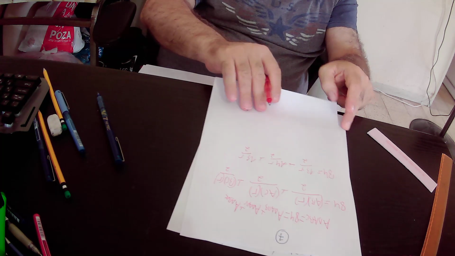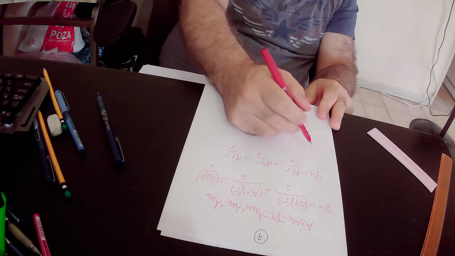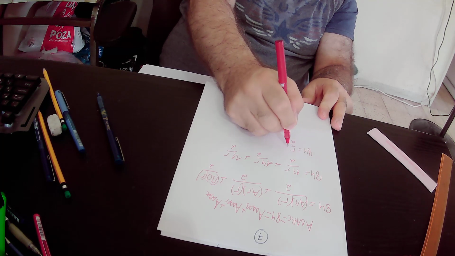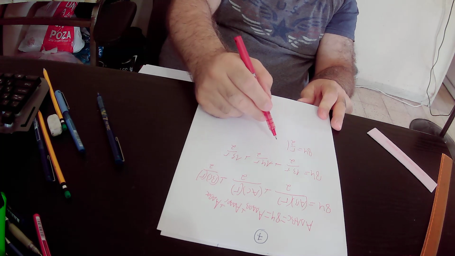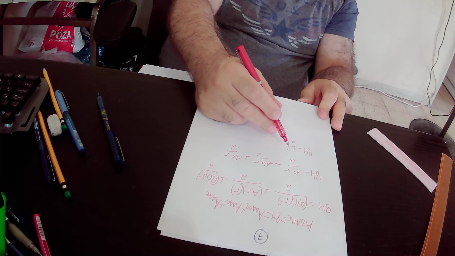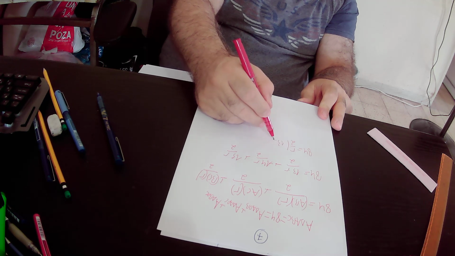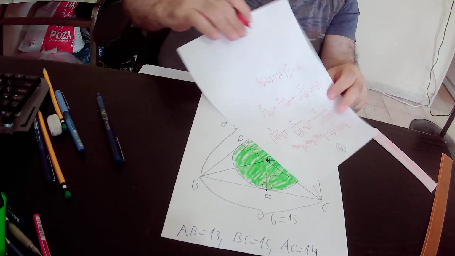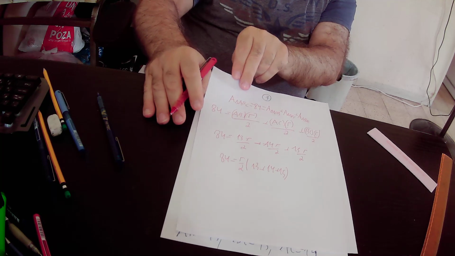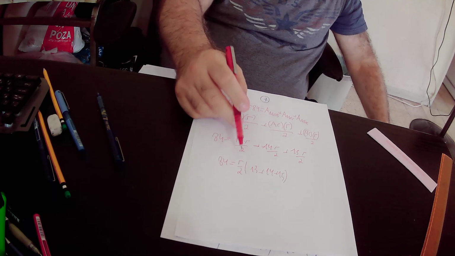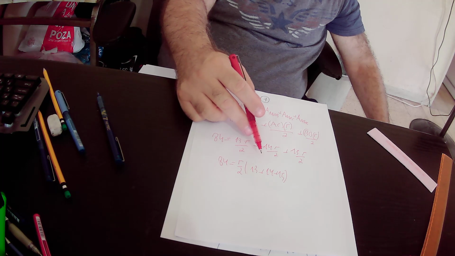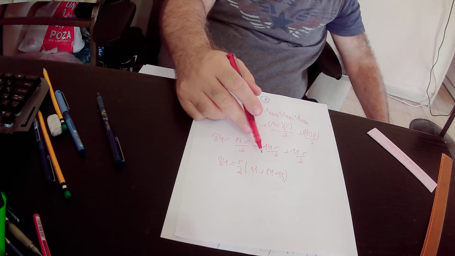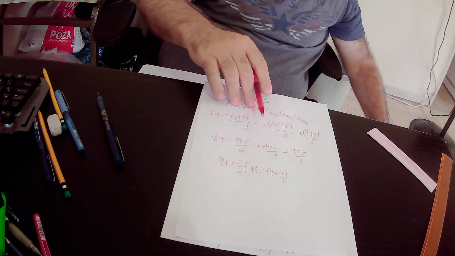So we will get that 84 equals the common factor, R over 2, times, inside the brackets, 13 plus 14 plus 15. 13 plus 14 is 27, 27 plus 15 is 42, so I'll write it down.